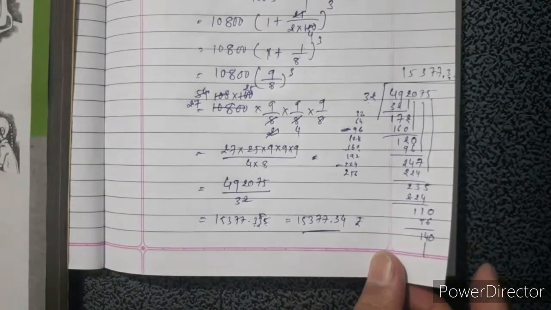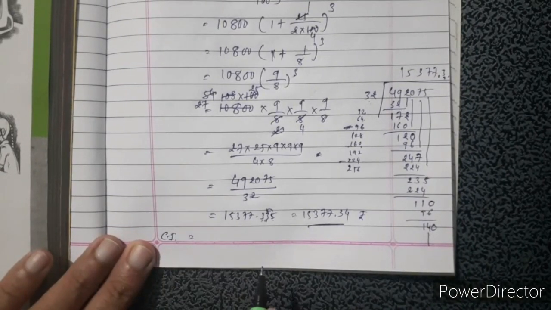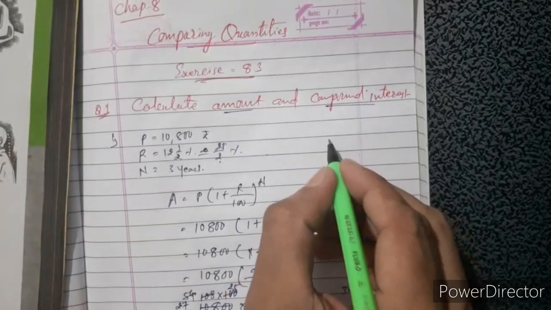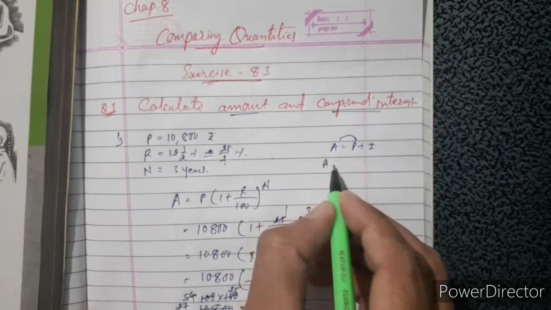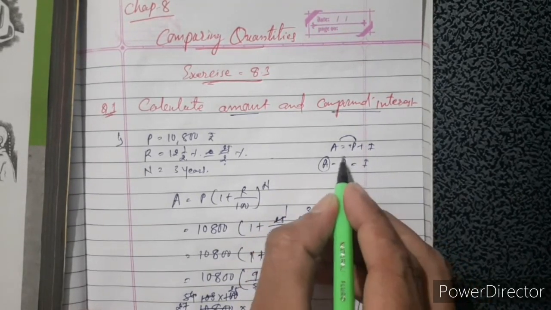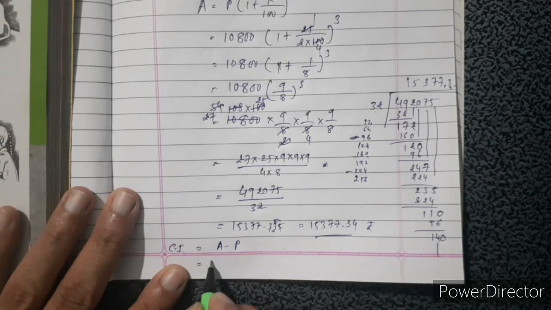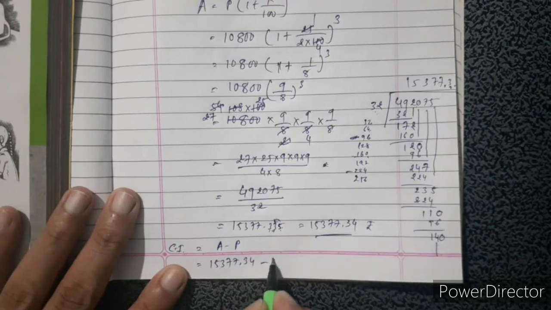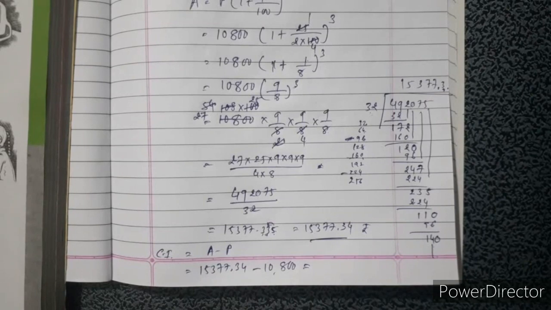Now you just find out the compound interest. We know that A equals P plus I. If we change the side of P, so A minus P equals I. Amount minus principal amount is the interest. So to find the compound interest, you just find A minus P. A equals 15377.34 minus 10,800 equals, now what's the answer?